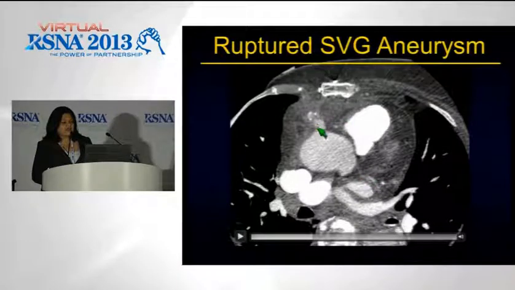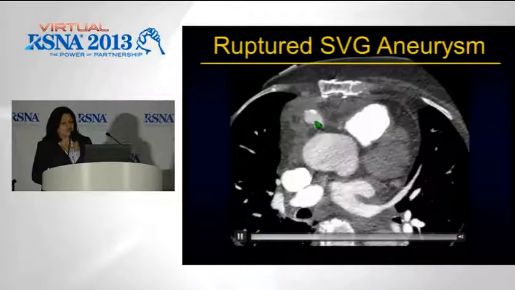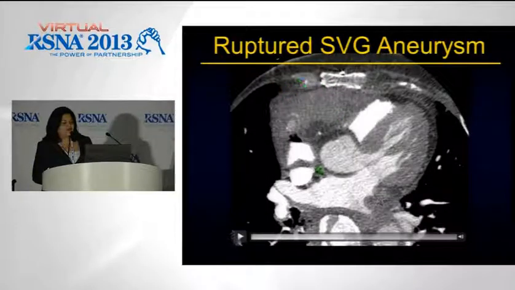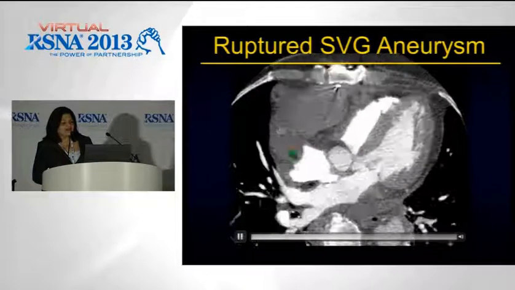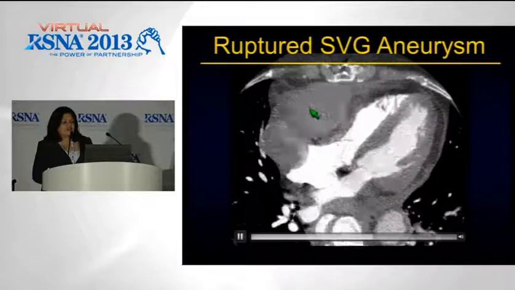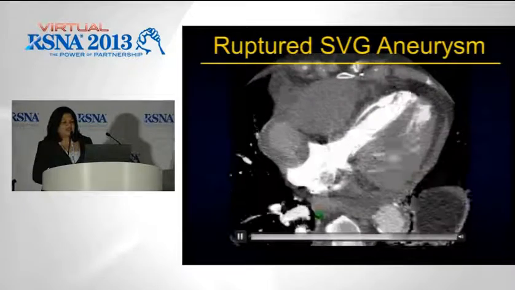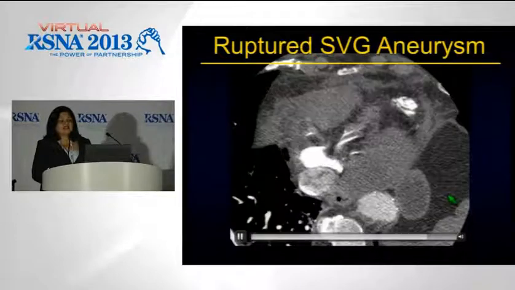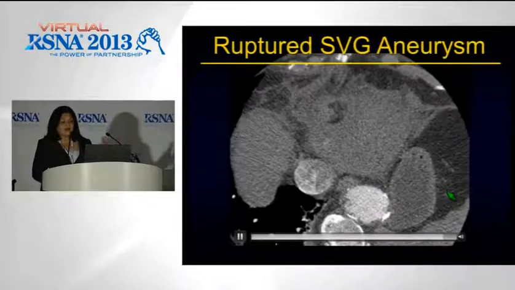Here you have a saphenous venous graft coming off, calcified, ectatic, aneurysmal, a lot of stuff going on here. This graft basically had ruptured, and there was a humongous amount of mediastinal hematoma compressing the right ventricle and the right atrium. You can see here as well, and there was even hematoma in the pericardium, a hemopericardium, in this patient. With this sort of thing, this patient did not survive.